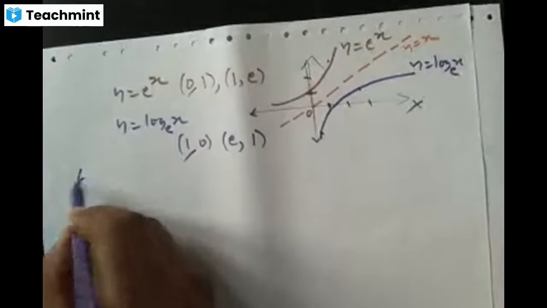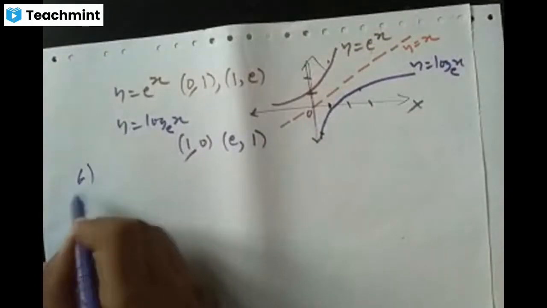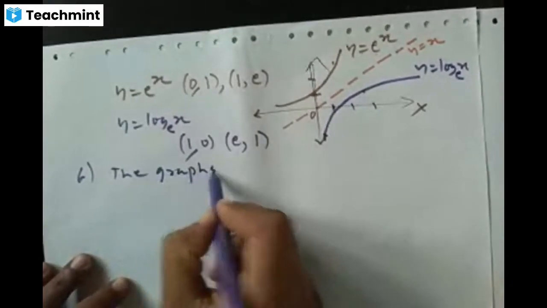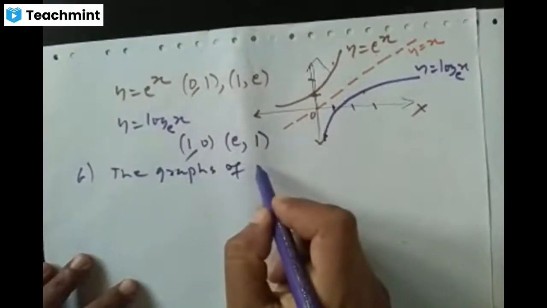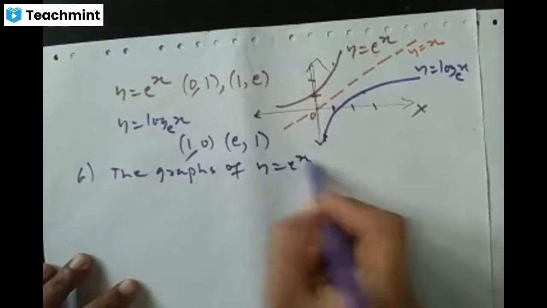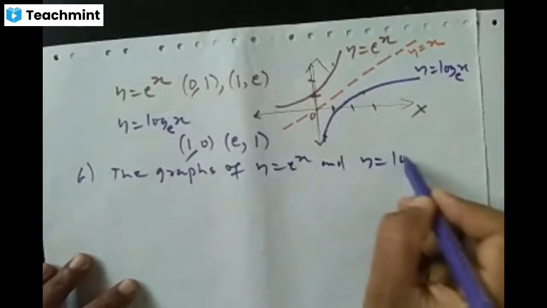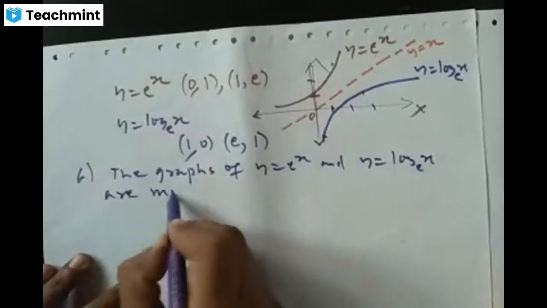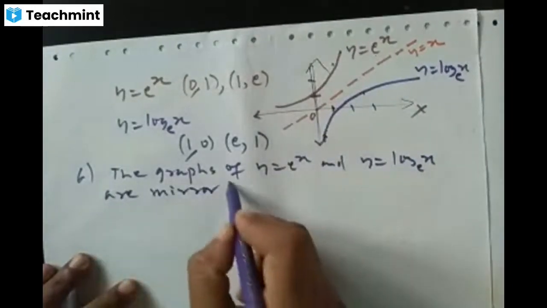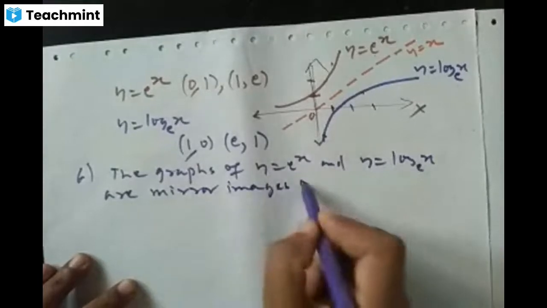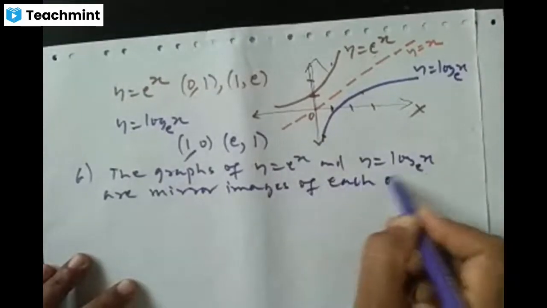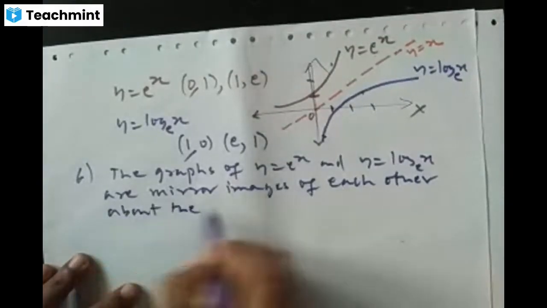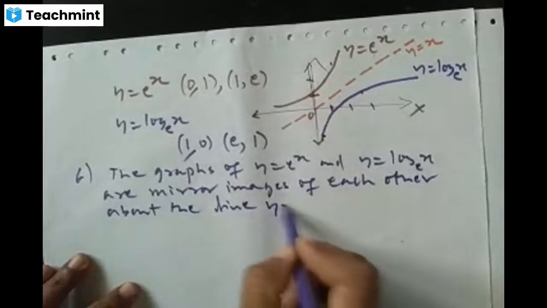Observation number 6. The graphs of the functions y is equal to e power x and y is equal to log x to the base e are mirror images of each other about the line y is equal to x.